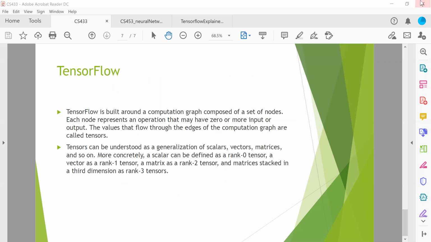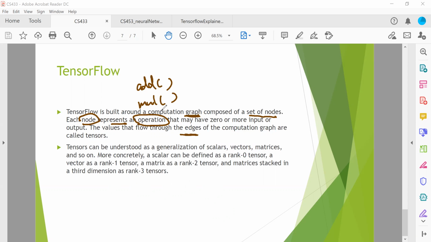The TensorFlow concept is built upon a directed graph, so be careful. Because it's a graph, of course it has nodes and edges. In TensorFlow, each node represents some operation, such as addition or multiplication.